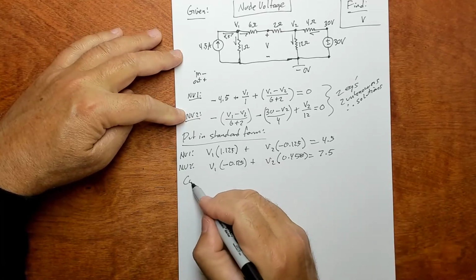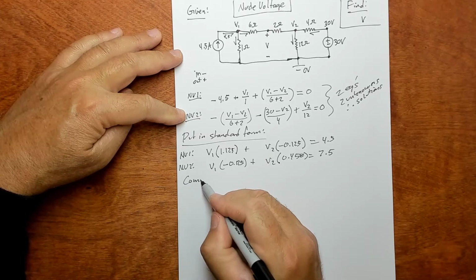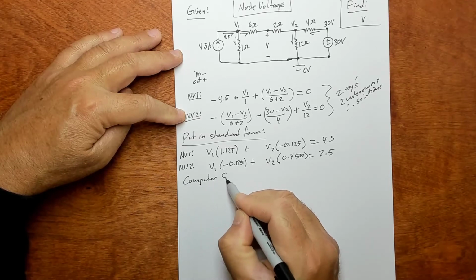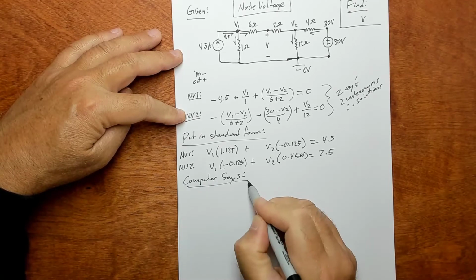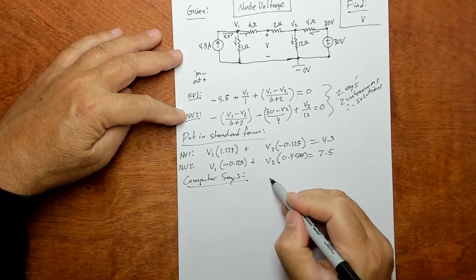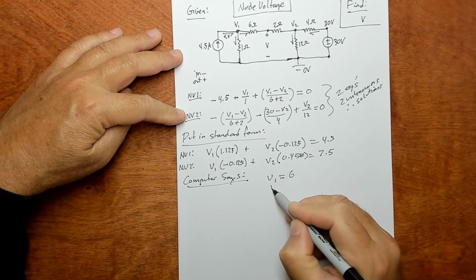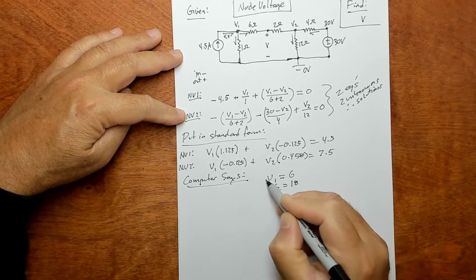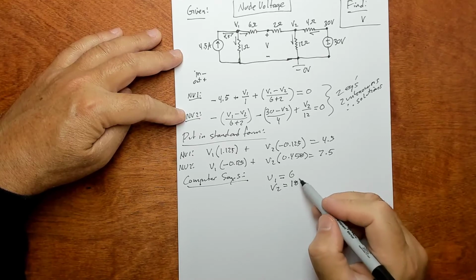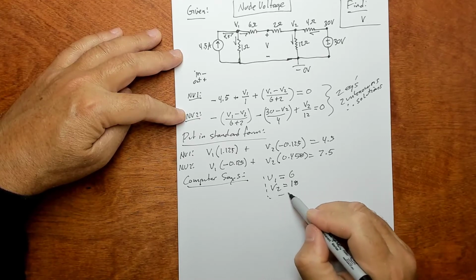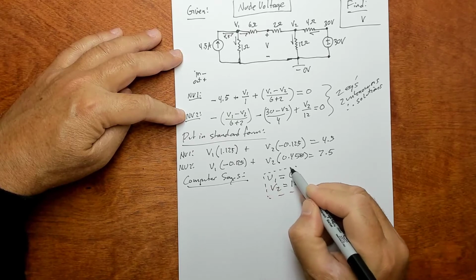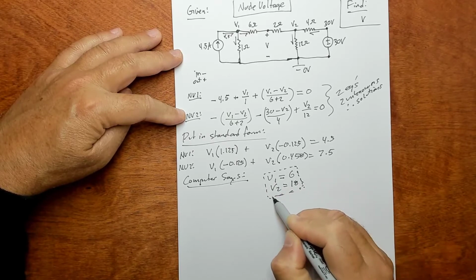Okay, then my computer says V1 equals 6 and V2 equals 18. I'm going to put that in a dotted box. It's not the final solution, but it's an important thing.